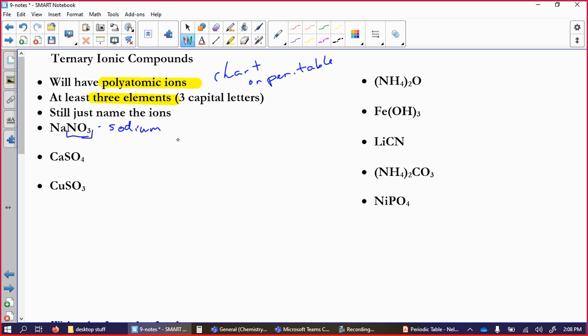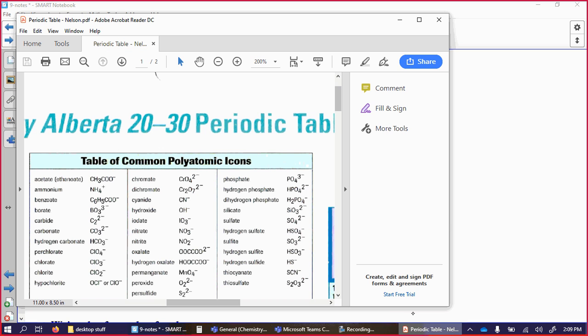So this is not sodium nitrogen oxide. That makes absolutely no sense. You're never going to have anything like that unless it's hydrogen something. It's always going to be sodium and a polyatomic ion. So that says NO3, so I go down here.